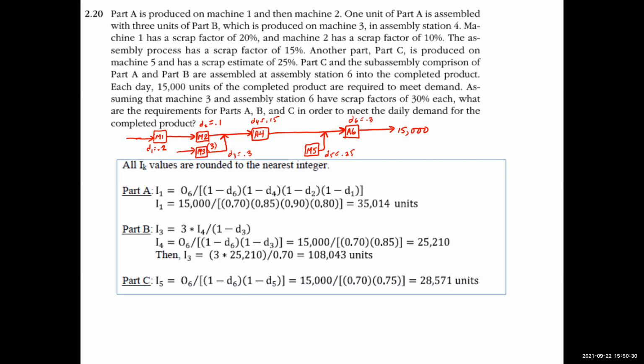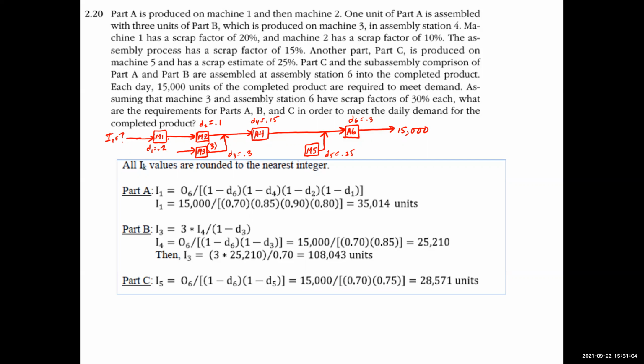We have the scrap factors and we want to estimate our input for each part type. So for part type A, we need to find out what I1 is. And we know that for that sequential process at the top, we can do the output of station 6 divided by the scrap factors of the stations in that sequential process.